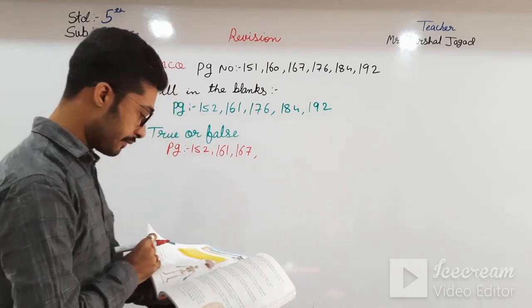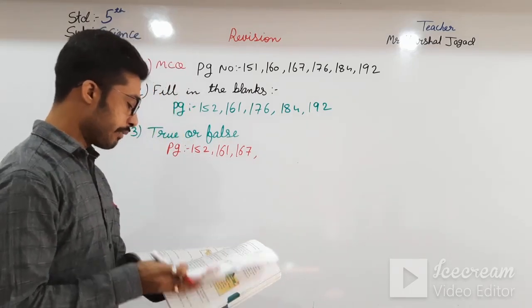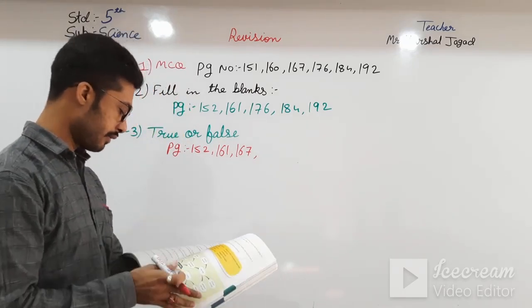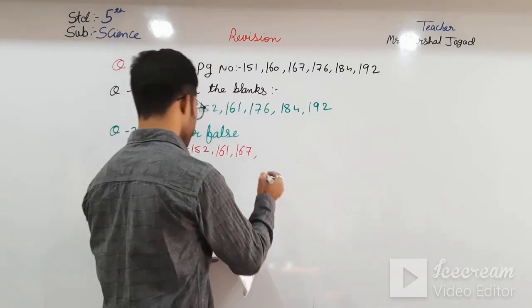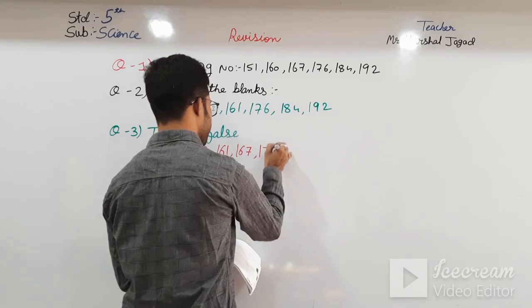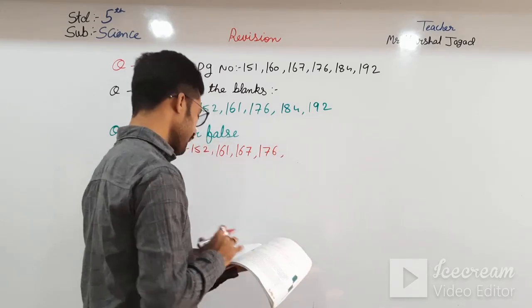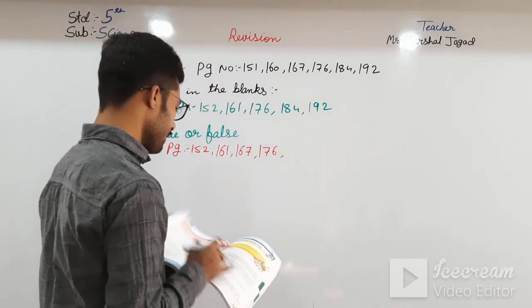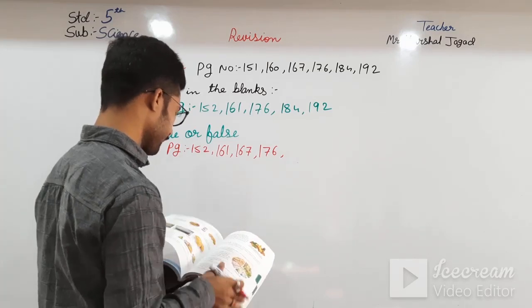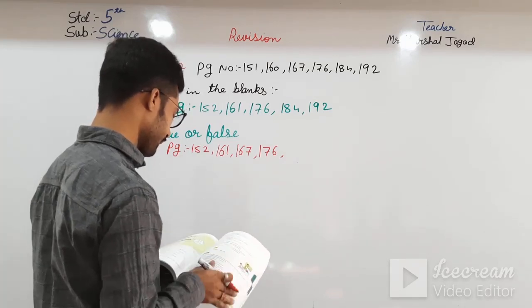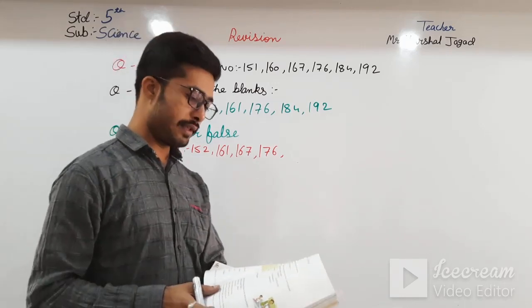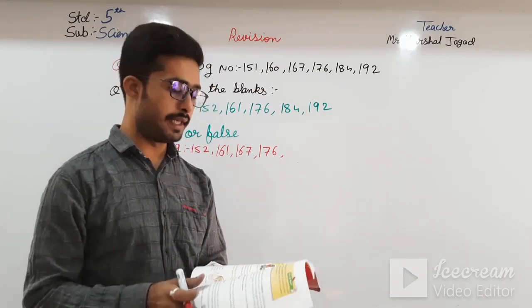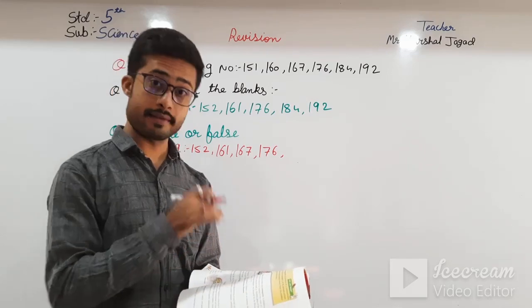Chapter number 4 has the true or false on page number 176. In chapter number 5 there is no true or false, so I can take it from inside the chapter.